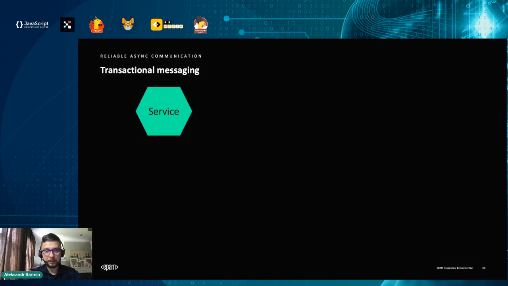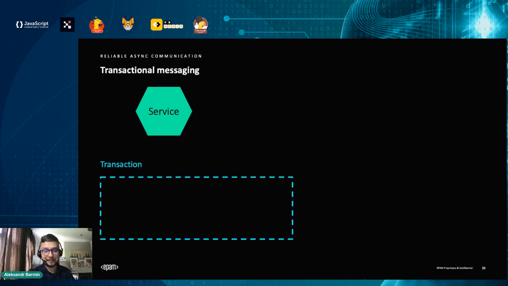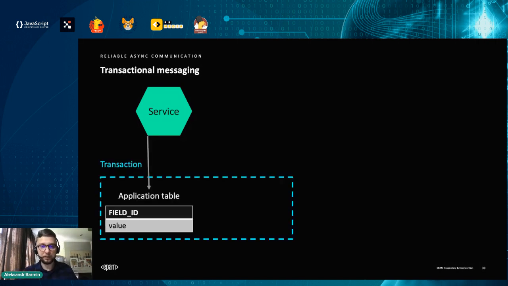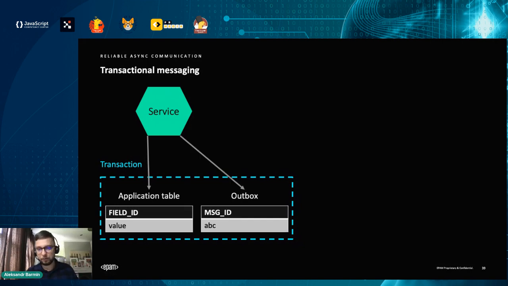Transactional messaging. You need to not only receive a message once, but also to make sure that your message is sent successfully. In this case, there is a different design pattern, which is called outbox table or outbox. What it allows us to do is to store our outgoing messages temporarily in the outbox table.